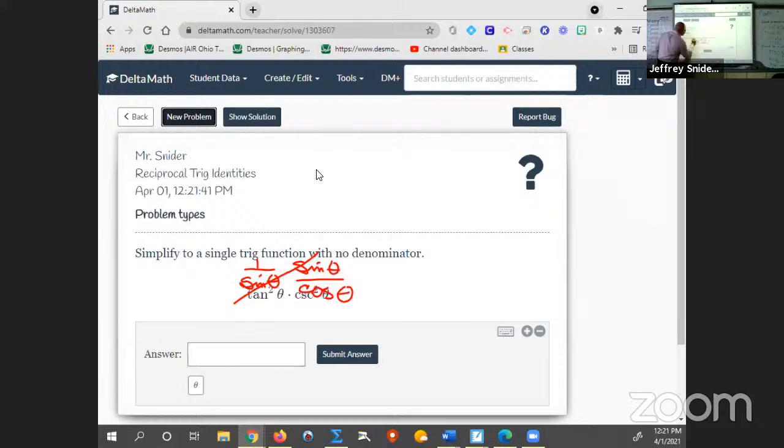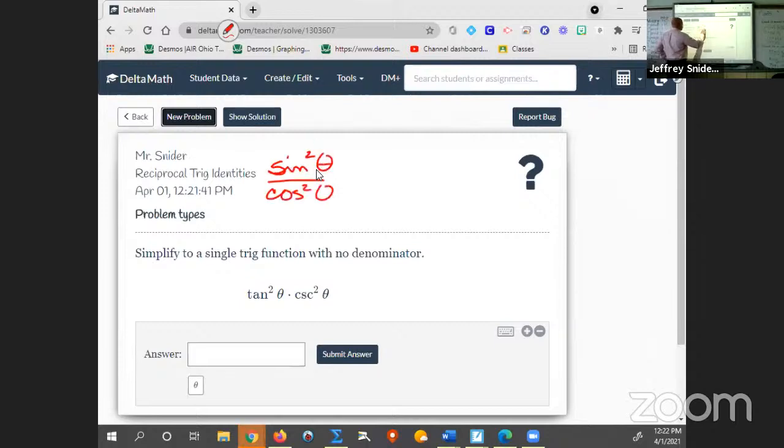Let's see, oh, let's do this one. This is a good one. I like this one. Here we go. All right. Couple ways of doing this one. Any thoughts? Okay, so you're naming this sine squared theta over cosine squared theta. Love that idea.